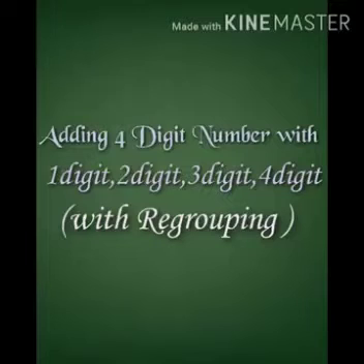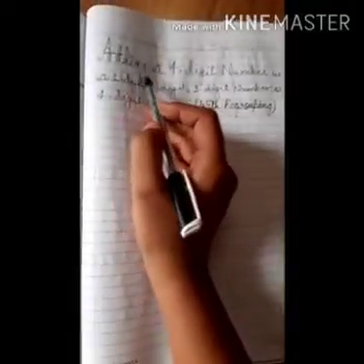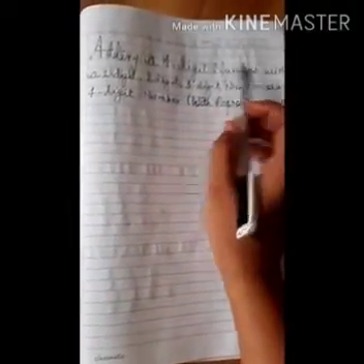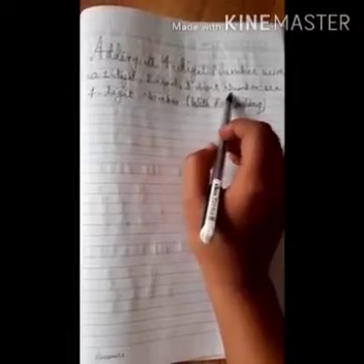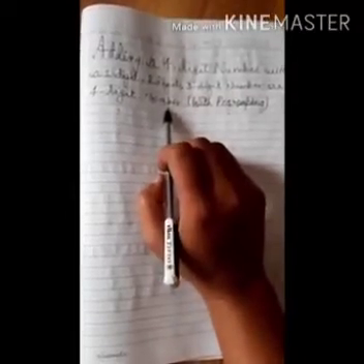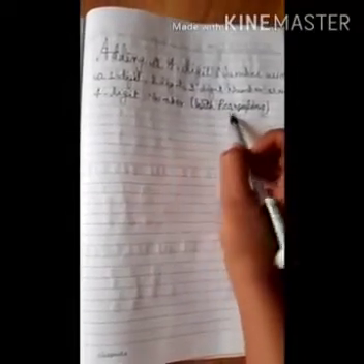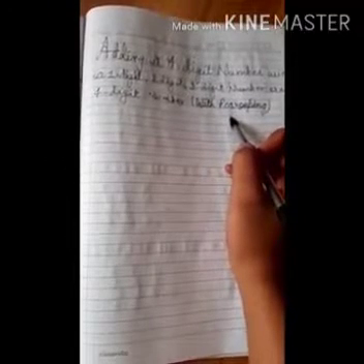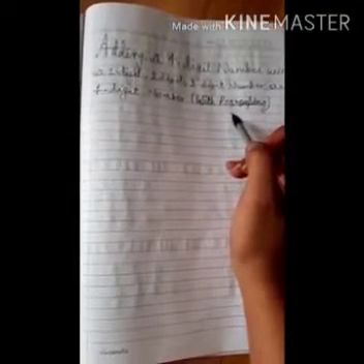Now we'll see the regrouping of 4-digit numbers. Adding a 4-digit number with 1 digit, 2 digit, 3 digit or 4-digit number with regrouping. So children, again I will say regrouping can be defined as the process of carrying out operation.